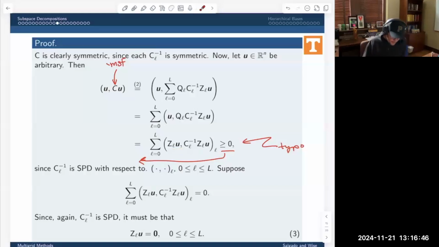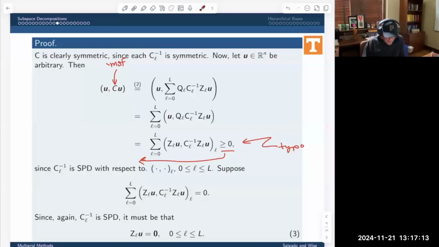Okay. Now I want to suppose, let's see then what happens if the sum of these guys is equal to 0. I want to show what that means is that U is going to be equal to 0. And if I do that, then that gives me my positive definiteness. So let's go ahead and set this equal to 0. So that's the sum of each one of these summands is equal to 0.